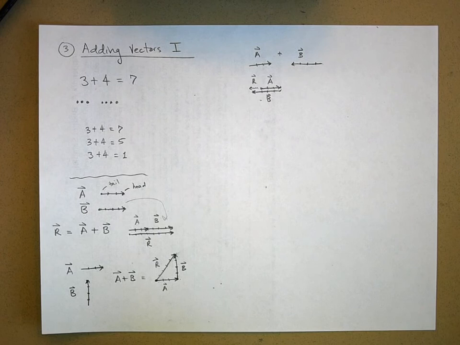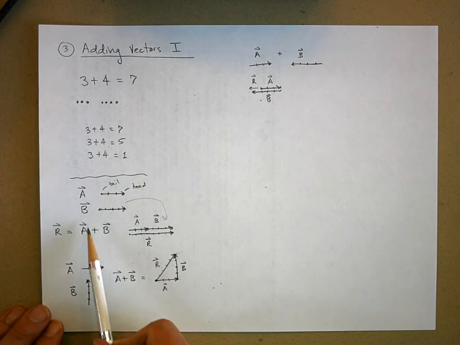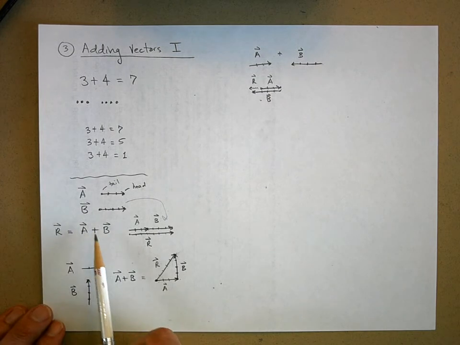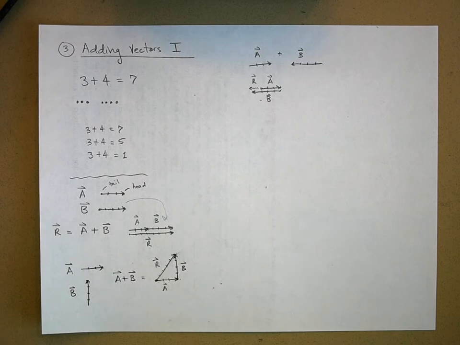Okay, to continue. Again, this plus sign, when it's between two vectors like this, it's telling you to follow a procedure, do something specific. Hook up vector A and vector B head to tail.